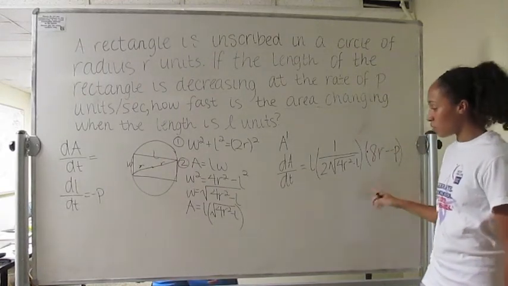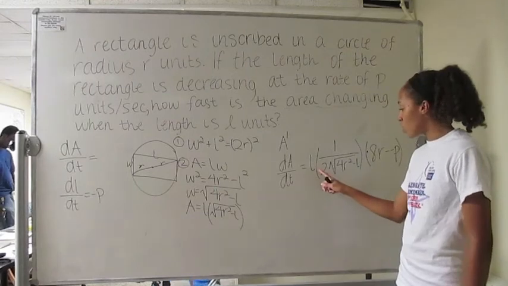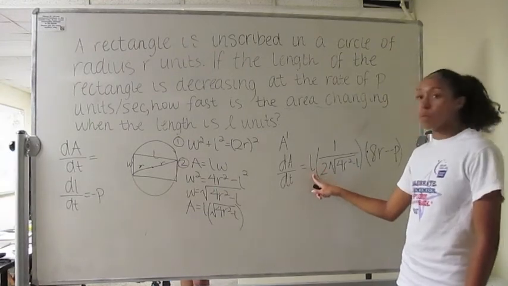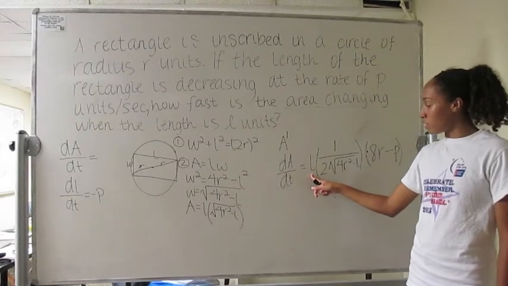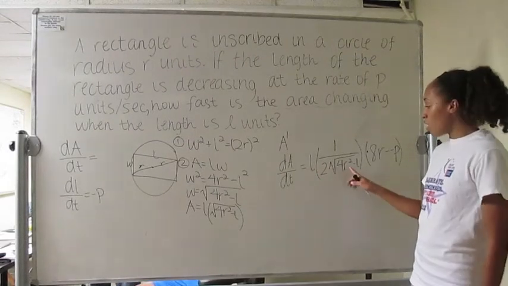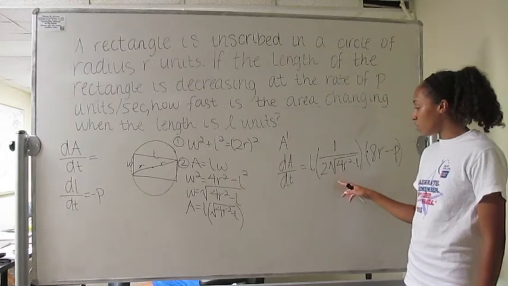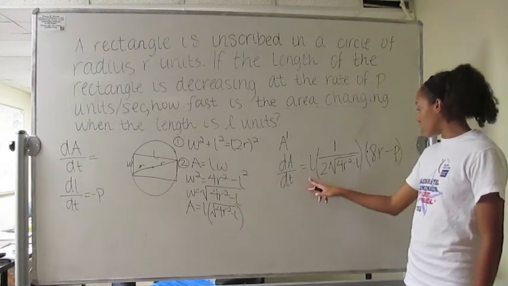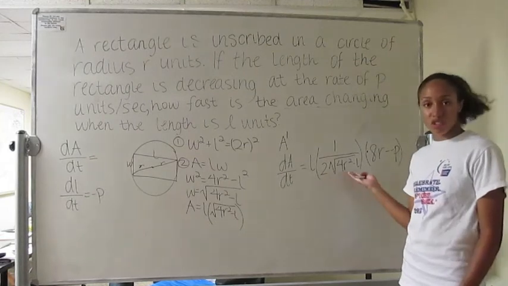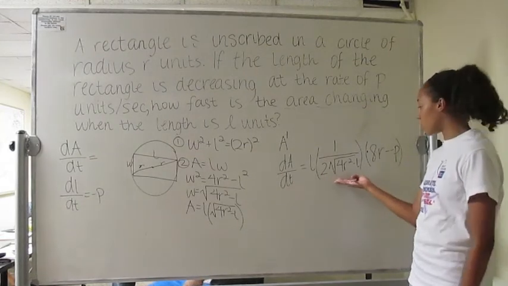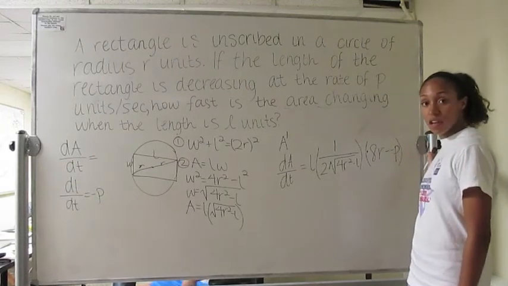So next, we use the chain rule to find the derivative of L. But since we already found this derivative, we don't actually have to do that, because when we add it, it will be 0.